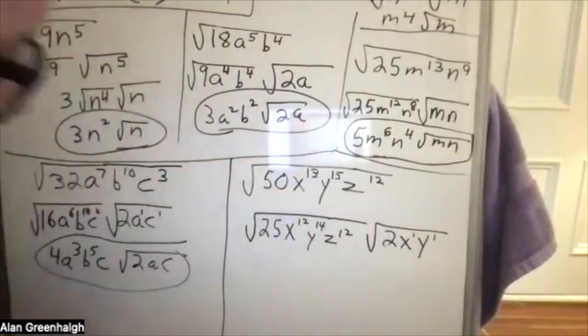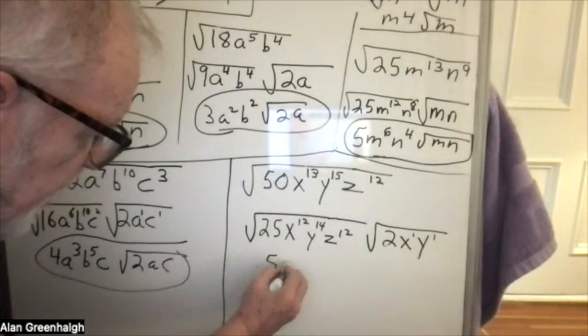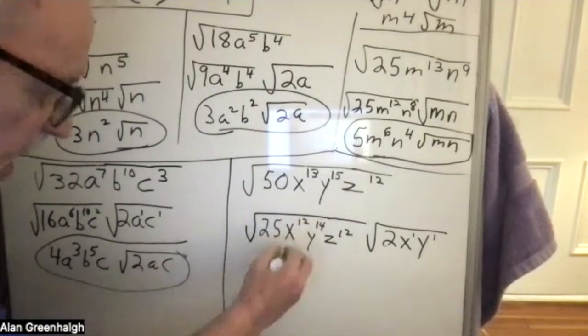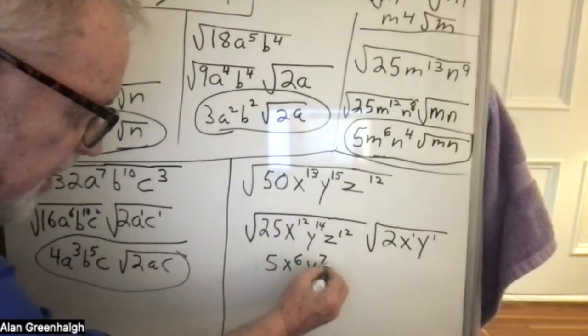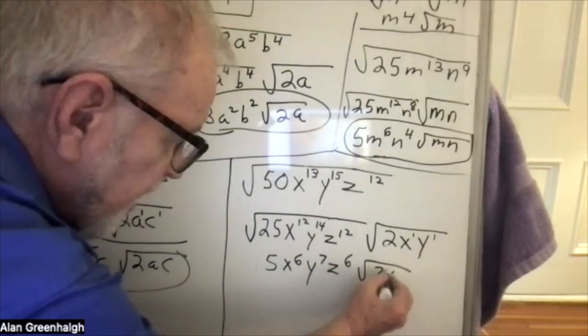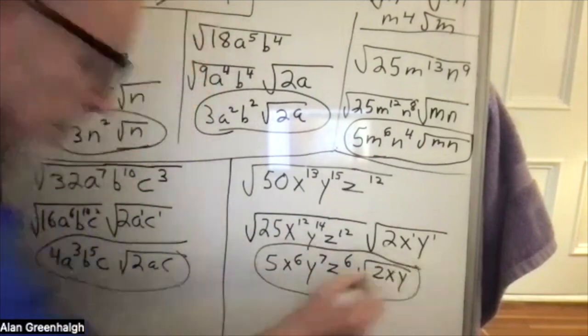And z to the 12th. And this becomes 5x to the, now you take half of these, x to the 6th, y to the 7th, z to the 6th, times the square root of 2xy. This is it.